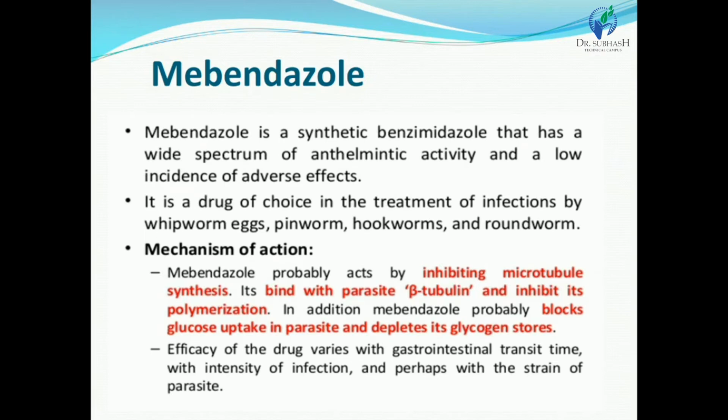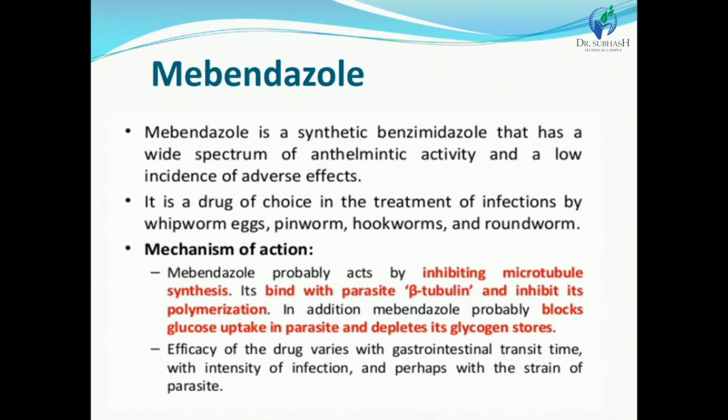While coming to the mechanism of action, it generally inhibits microtubule synthesis. How exactly does it inhibit microtubule synthesis? The drug mebendazole binds with the parasitic beta tubulin, one component which is present in microtubules, and inhibits its further polymerization.